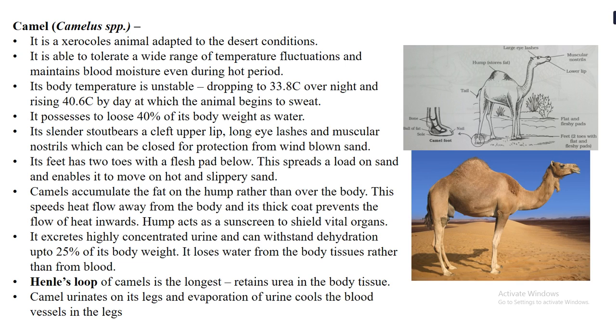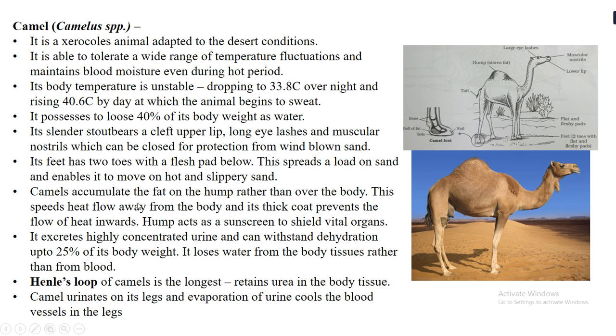So these long lashes and muscular nostrils help the animal protect itself from wind-blown dust. Its feet have two toes, as you can see over here, and a flesh pad below. This spreads over a lot of sand and enables the animal to move on hot and slippery sand.